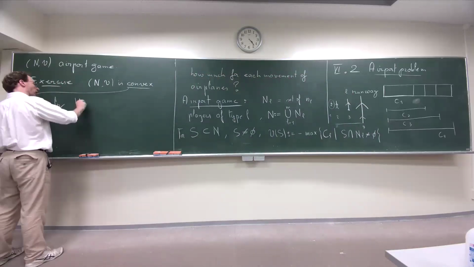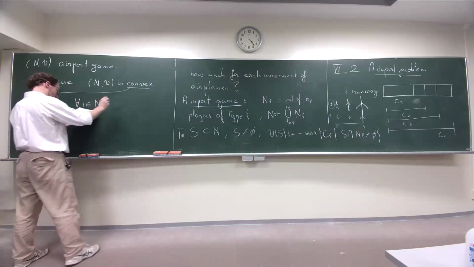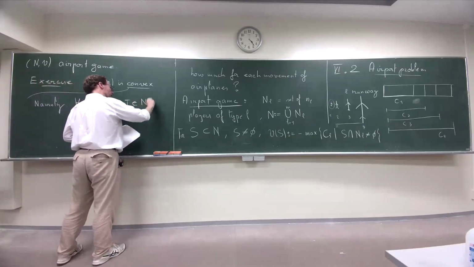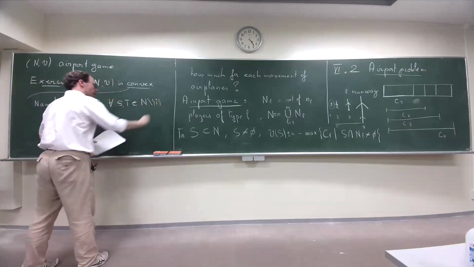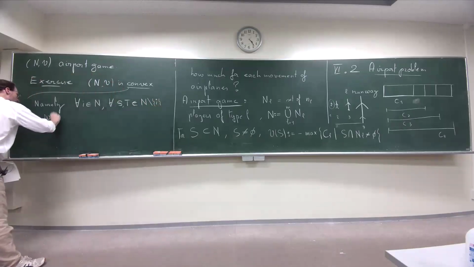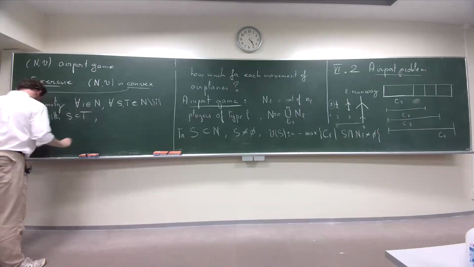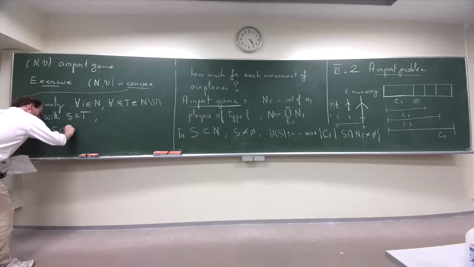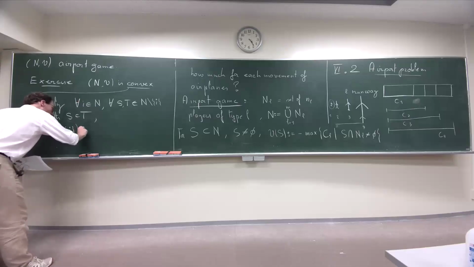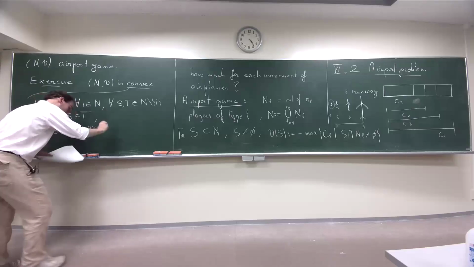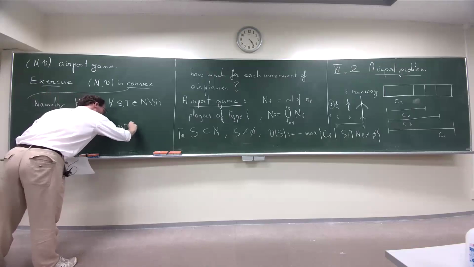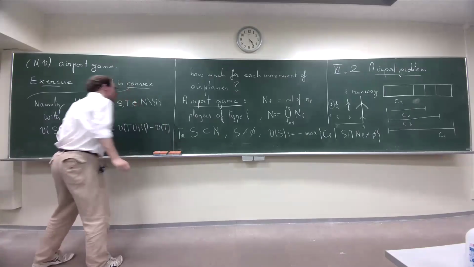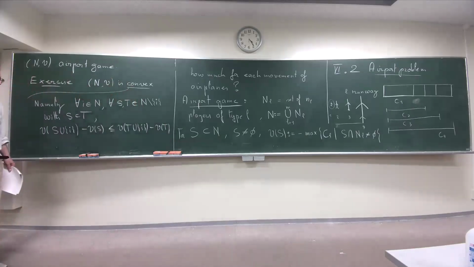It's convex if for any i in N, any S and T inside N minus i with S inside T, this is a definition of convex in this setting.